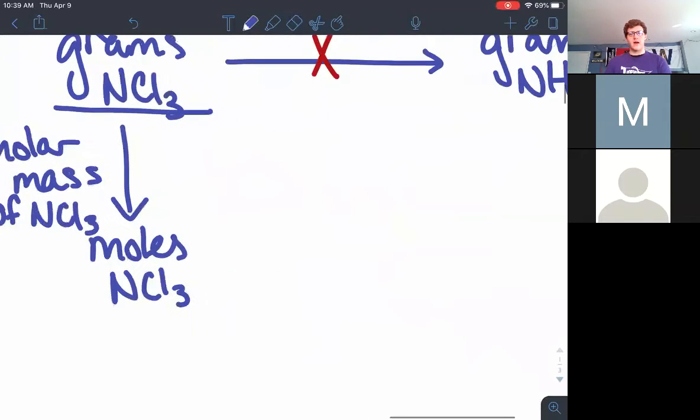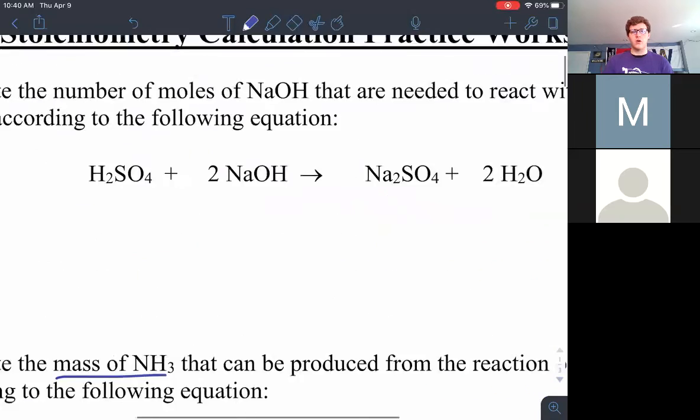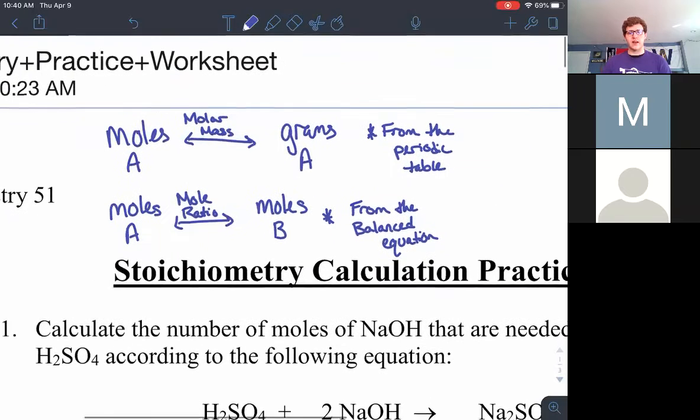Now, from our two conversions, can I go from moles of NCl3 to grams of NH3? Can I go from moles of one compound to grams of a different compound? Which conversion will we use? The mole ratio. What does the mole ratio take us from?